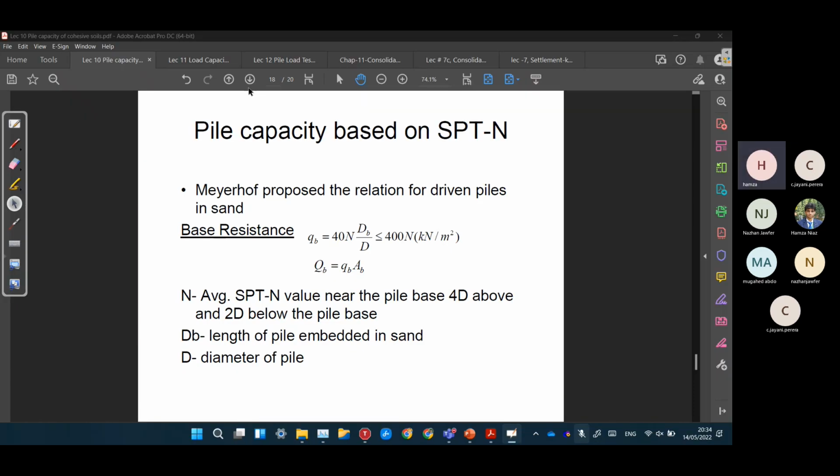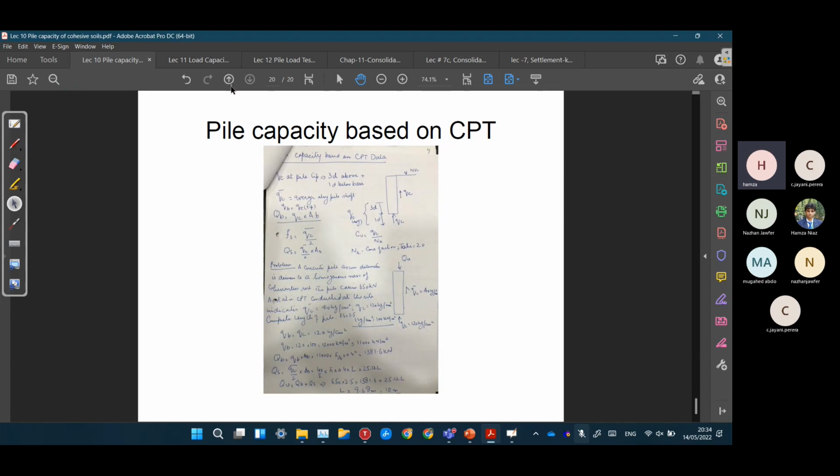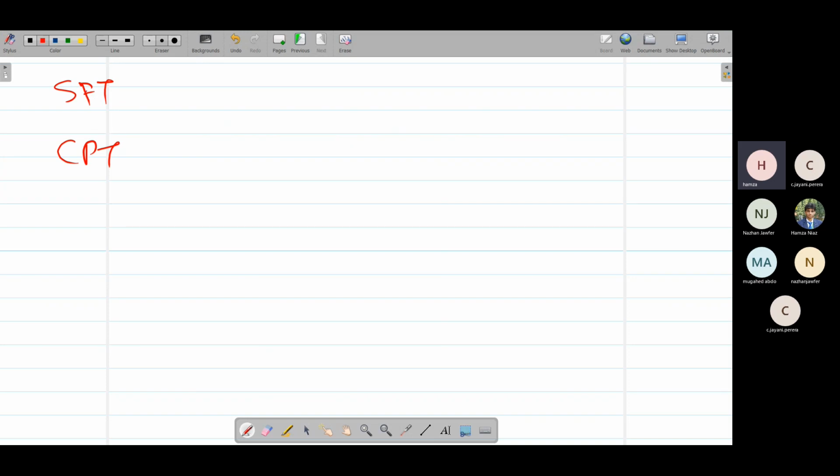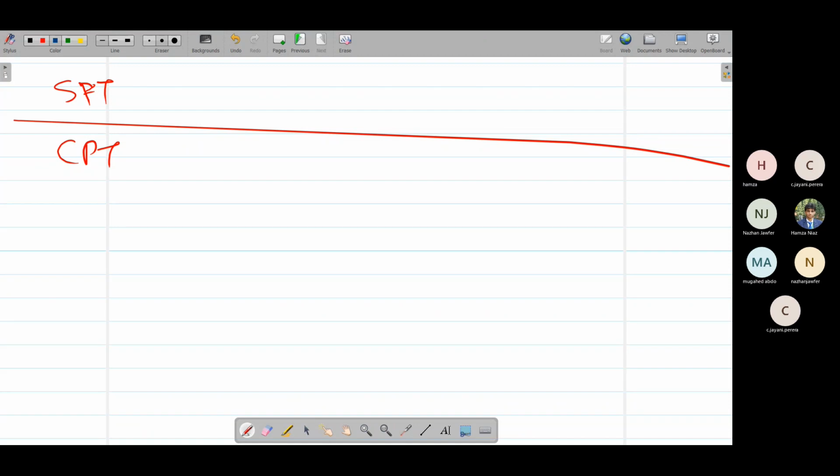The question for CPT is given in the slides. For CPT, it is quite simple. Just let me get the data.